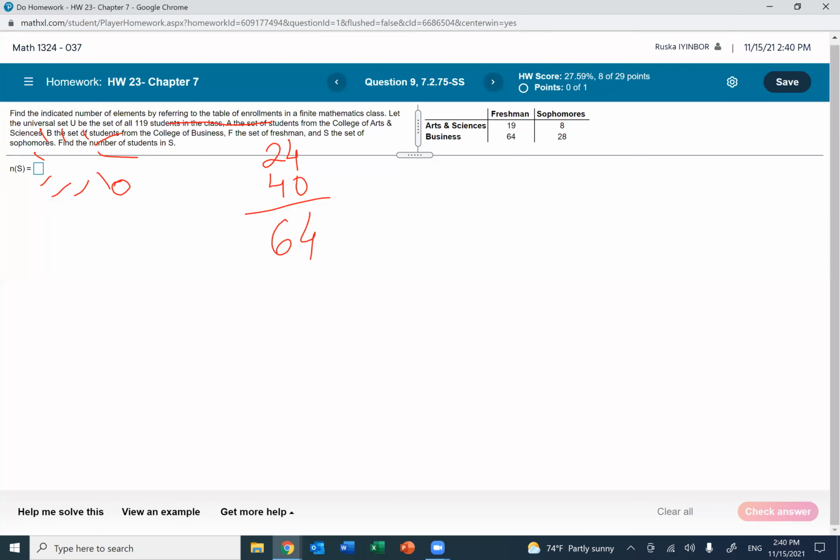The next question is about indicated number of elements by referring to the table of enrollment in a finite math class. Let the universal set be the set of 190 students in the class.